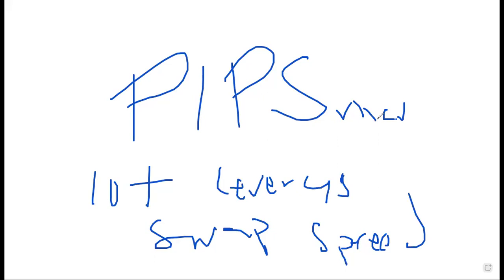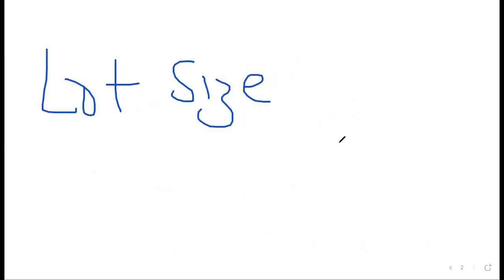So right away to begin, let's talk about lot size. What is lot size?